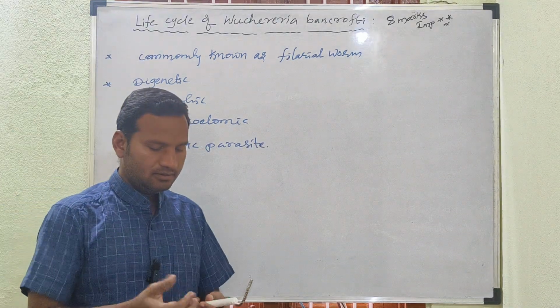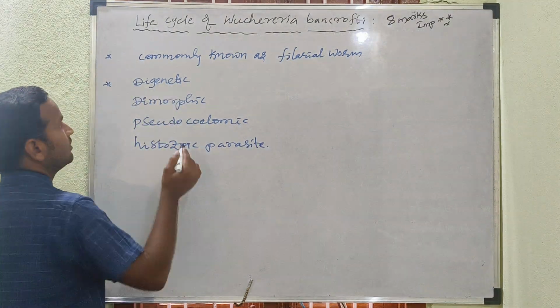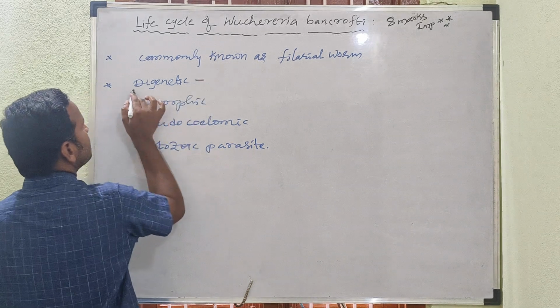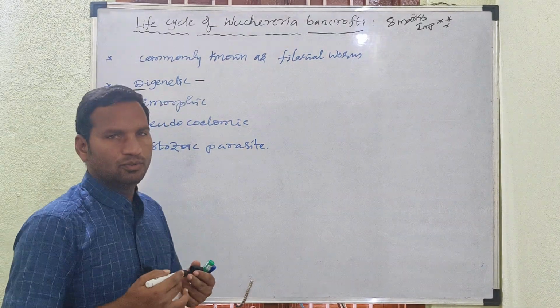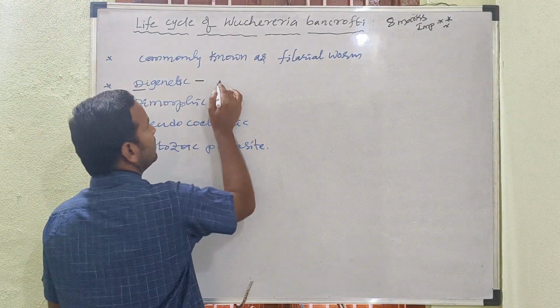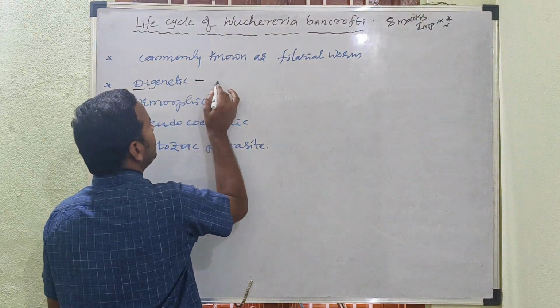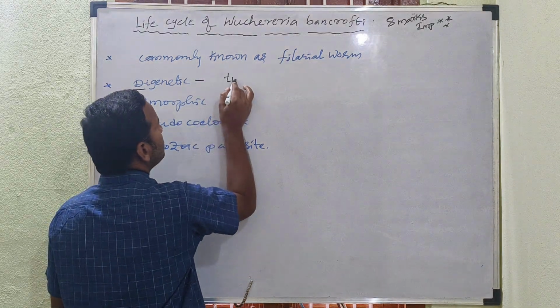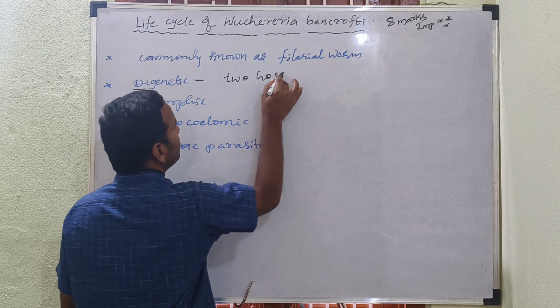Digenetic parasites: di means two, so they complete their life cycle in two hosts.